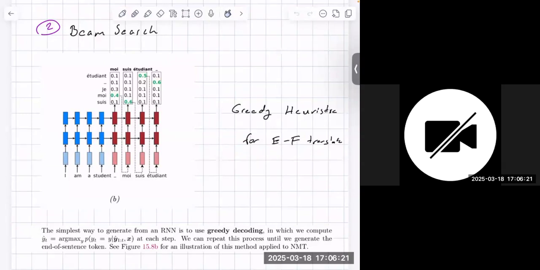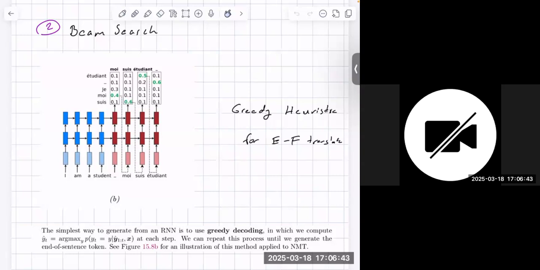You're in a certain state, you look at the most probable next word, you spit it out, and then you keep doing it. What could go wrong with this? It looks very reasonable. I put in stuff, and when I'm putting it out, I keep picking the best current guess. Standard greedy algorithm.